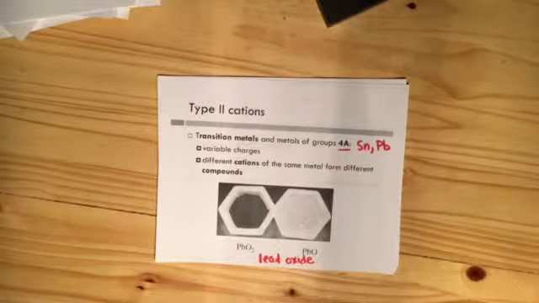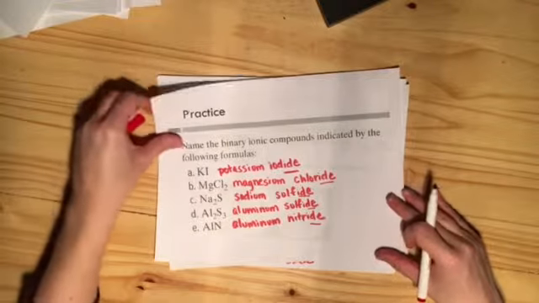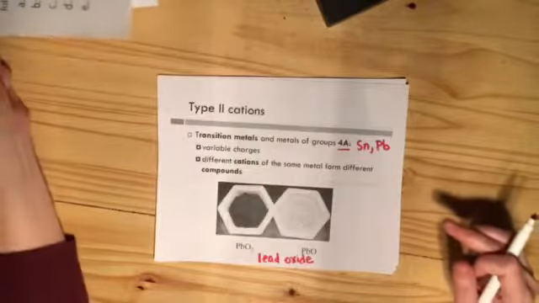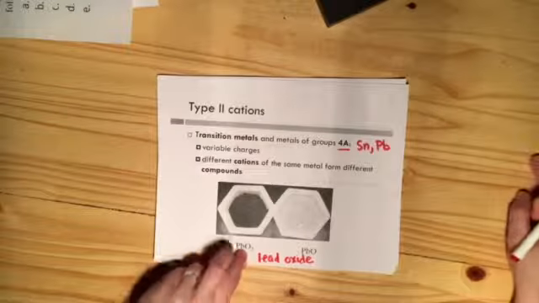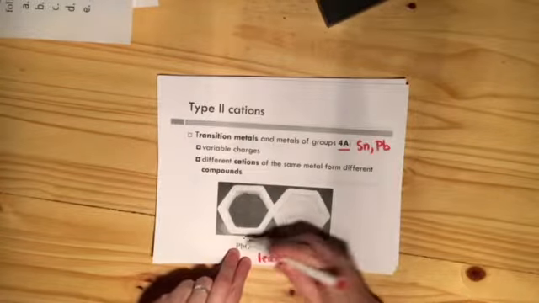So how would we tell which one it is? If we're looking at these, there's only one potassium iodide, one magnesium chloride, only one sodium sulfide, etc. But there are 2 lead oxides. So when we're naming type 2 cations, we have to indicate what kind of lead oxide we have.